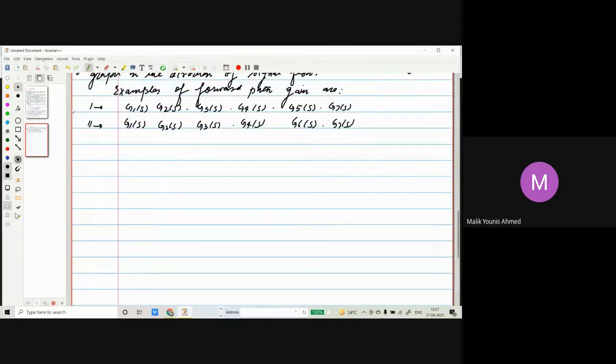So next will be non-touching loops, which we have already referred to, but we have not seen the definition. This is number third.